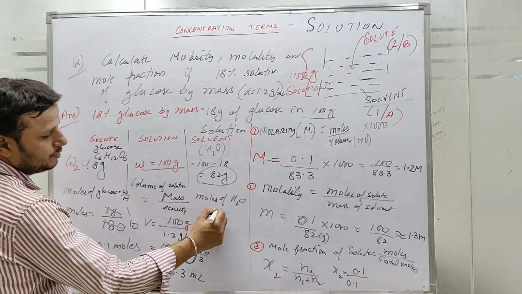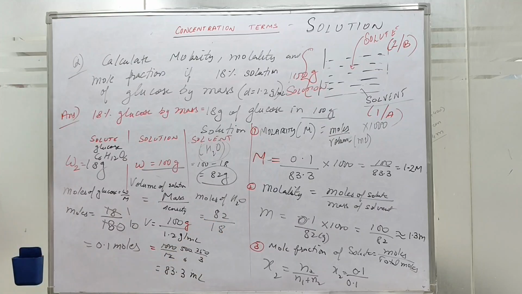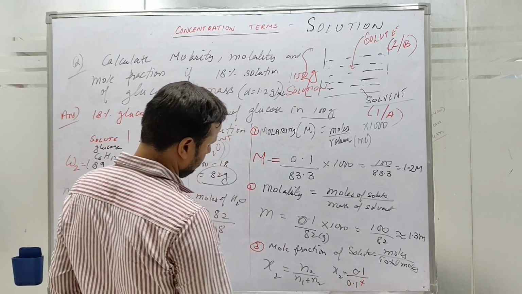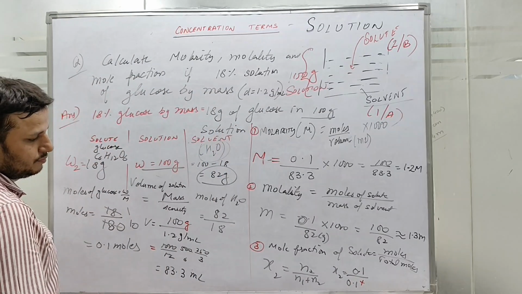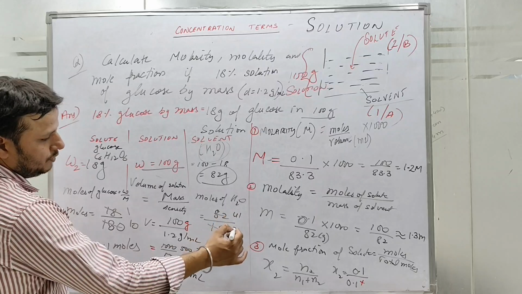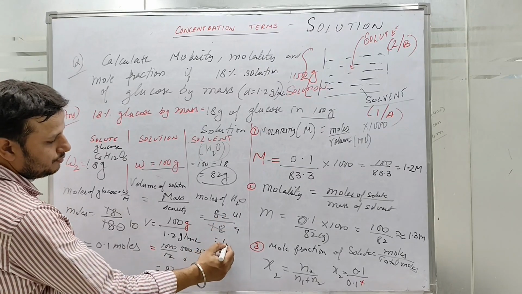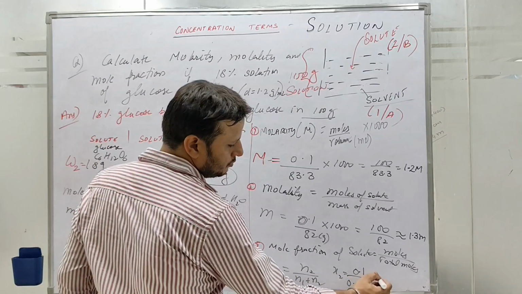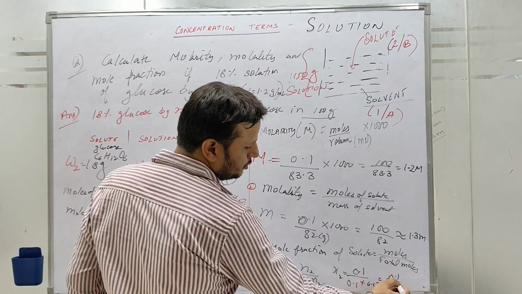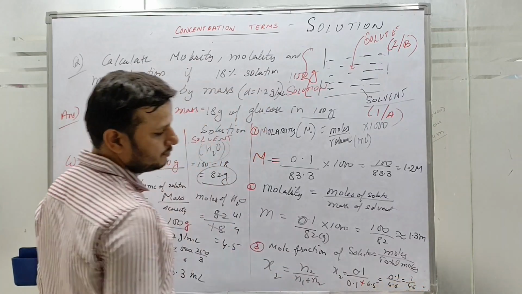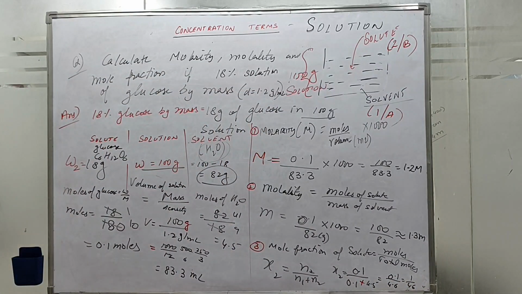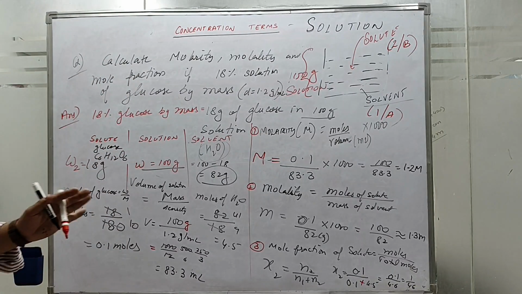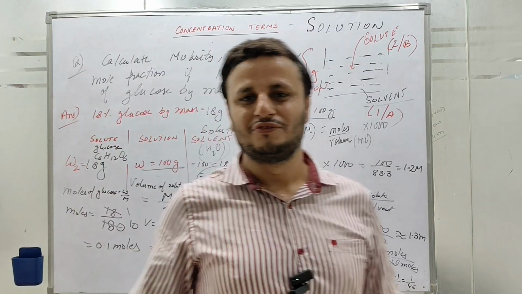Moles of water is given mass 82 by molar mass 18. So that becomes 0.1 plus 41 by 9, so 4.5. 0.1 by 4.6, so 1 over 46. So 0.02. That is equal to mole fraction of solute.